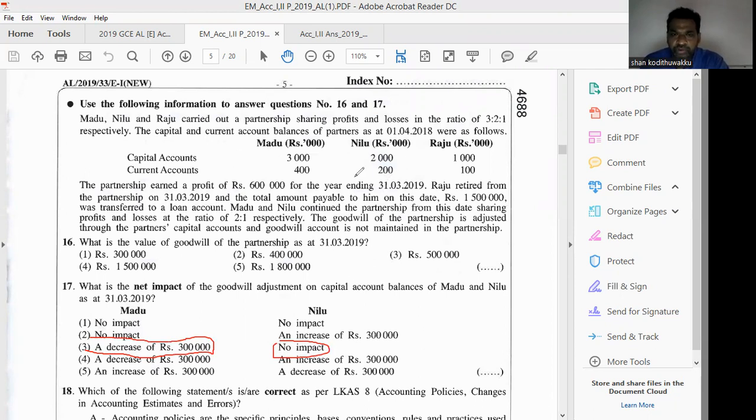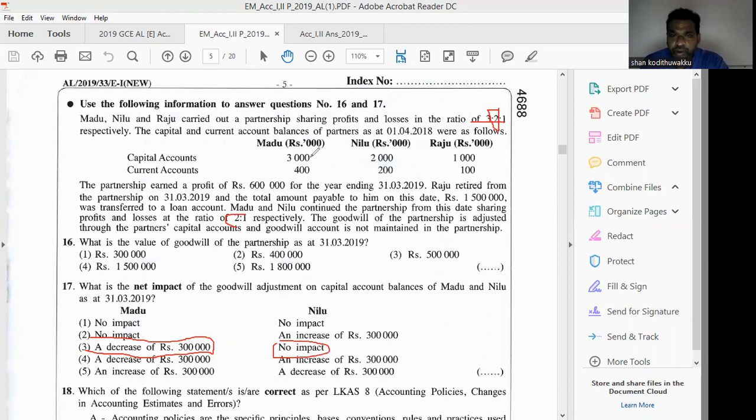But Madhu's account, we debited 1,200 depending on the new profit sharing ratio, 1,800 divided by 3 multiplied by 2. We had to credit 900 depending on the old profit sharing ratio out of 1,800. For Nilu we had to credit 600. Therefore, 600 debit and credit, no effect.